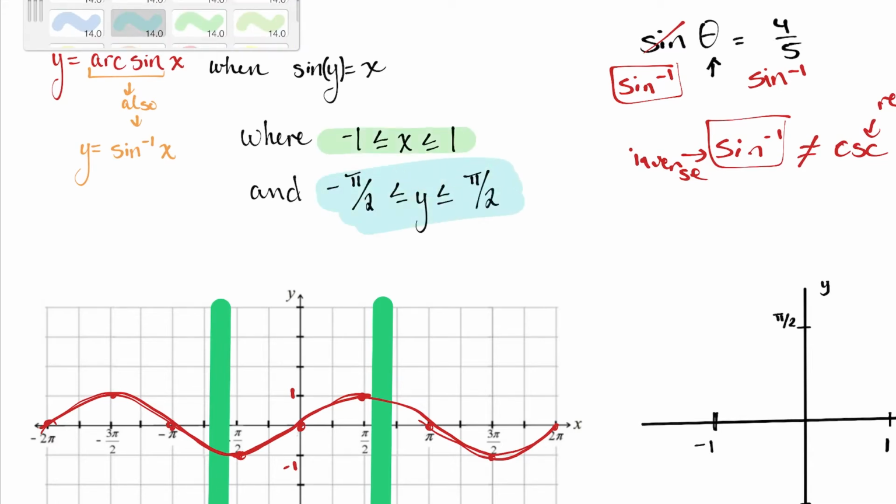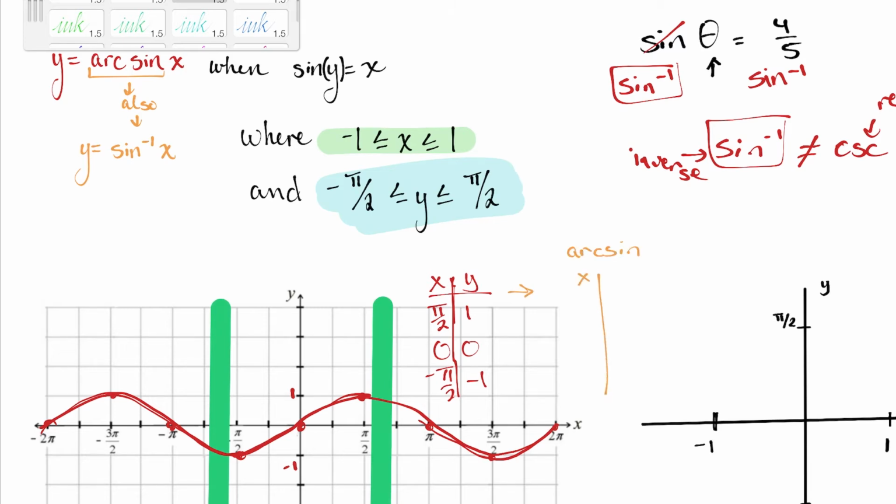Whenever I'm doing the inverse with my students, what I typically like to do is start off with the XY chart of the original. So for our sine, looking at just the part inside the green, I've got pi over 2, which I know is 1, 0, which is 0, and negative pi over 2, which is -1. If I'm doing the inverse or the arc sine, the inverse means I'm switching my x and y.